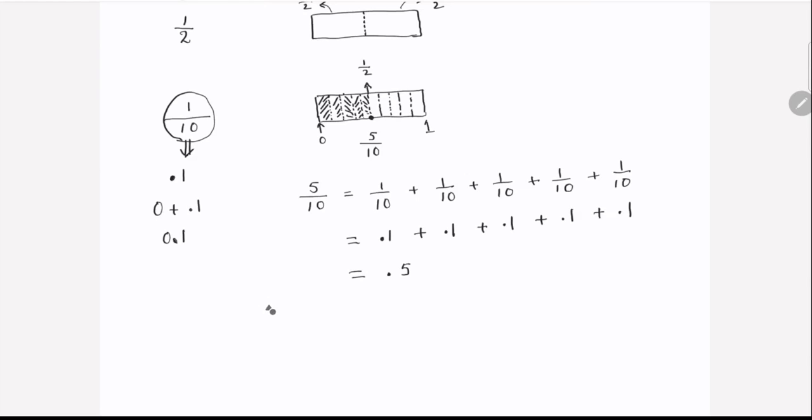So I can say the fraction 1 by 2, that is the whole divided into two equal tiny parts, we just take one of them, and that is 1 by 2.